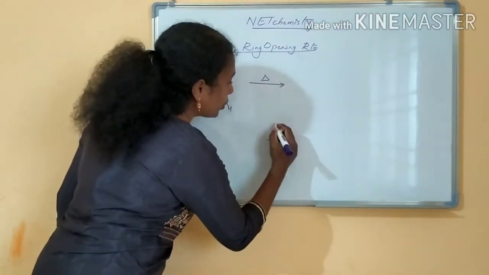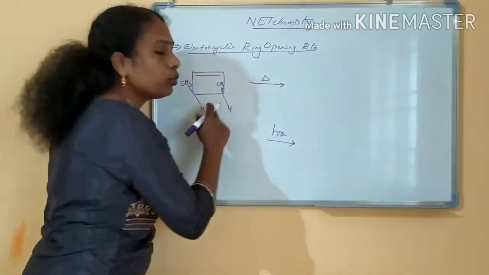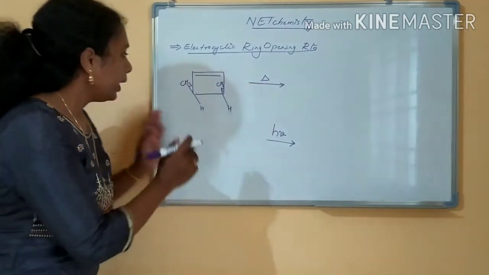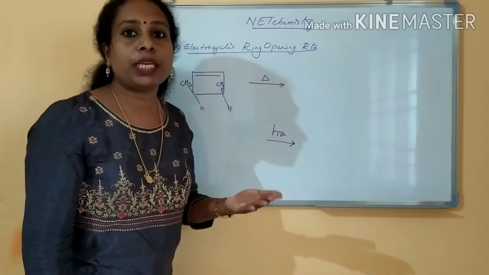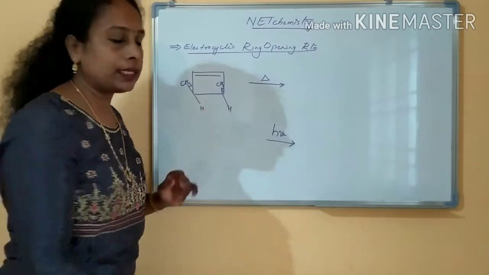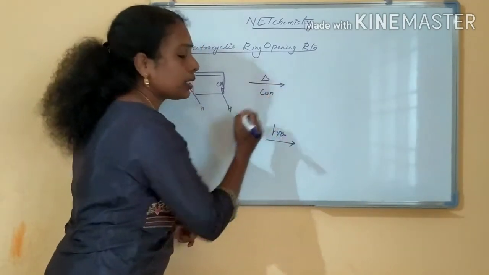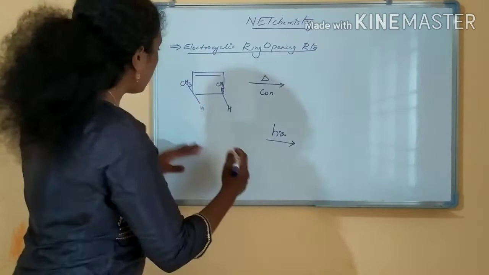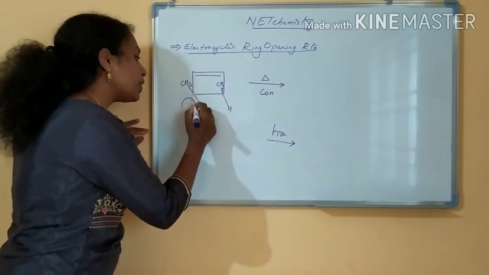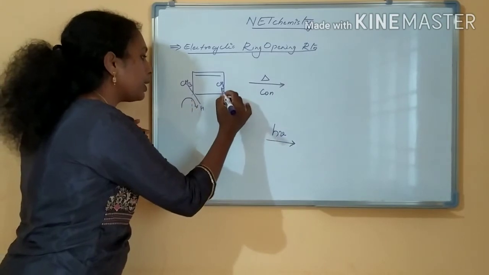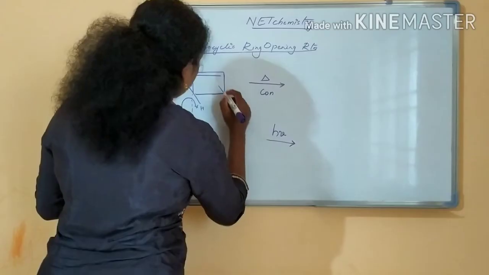We will see how the ring opening happens for the same substrate under the two conditions. Under thermal condition, what rotation will give you the symmetrically allowed product for a 4n system? Conrotation will give you the symmetrically allowed product, right? So I am doing a conrotation here. Conrotation means both the bonds rotate in the same direction, right?